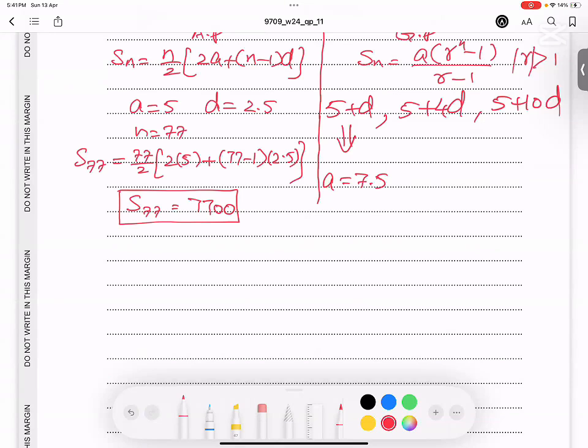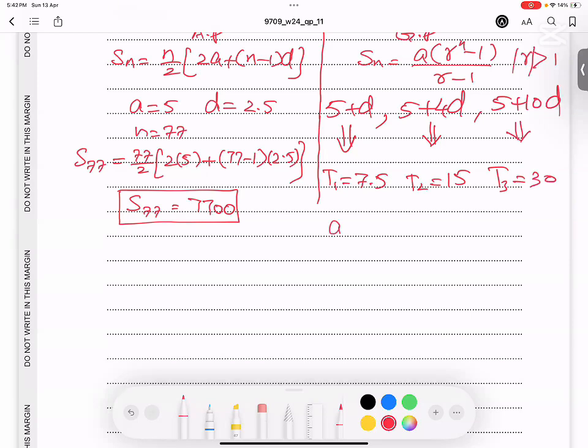This is called T1, term number 1. And how do we get the second term, students? If I plug in 2.5 here, 5 plus 4 times 2.5, I get 15. And the third term? 5 plus 10 times 2.5, I get 30.